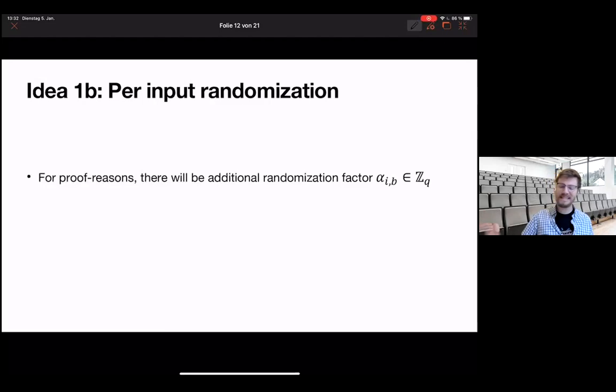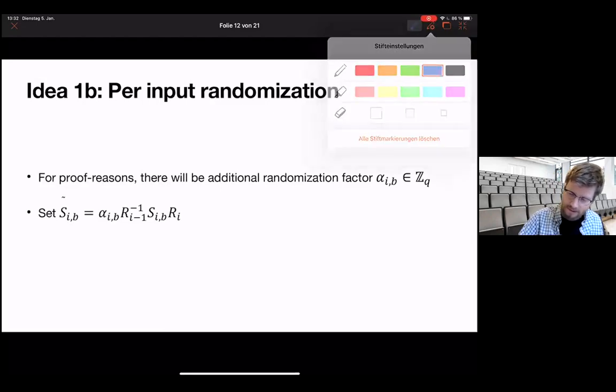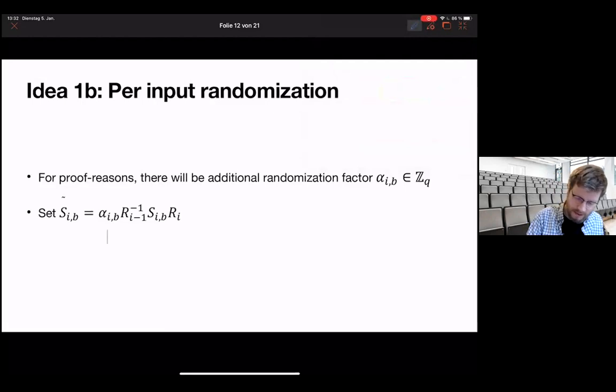So for proof reasons, there will be additional randomization factors alpha I, B, right? If we look at this, this alpha I, B depends on B, but these guys, we've seen, do not depend on B.